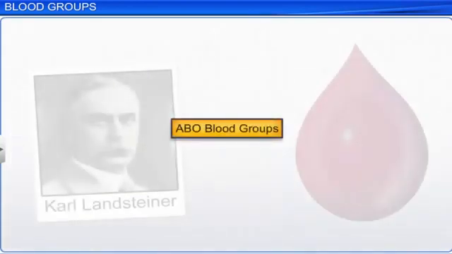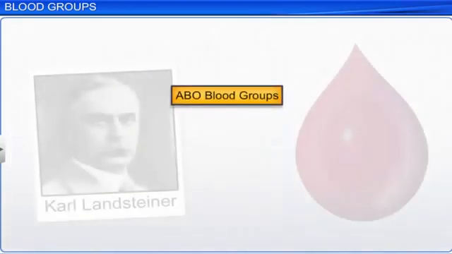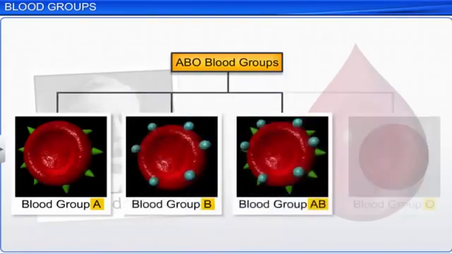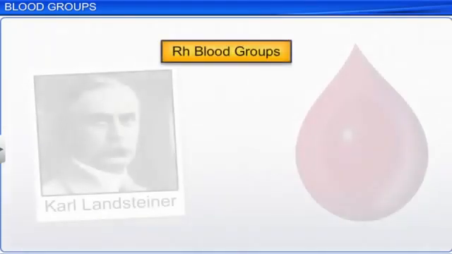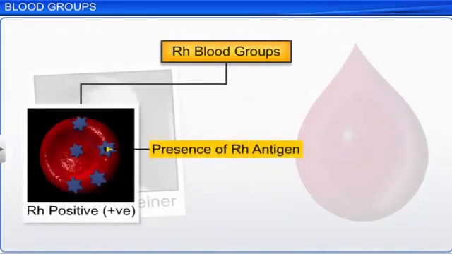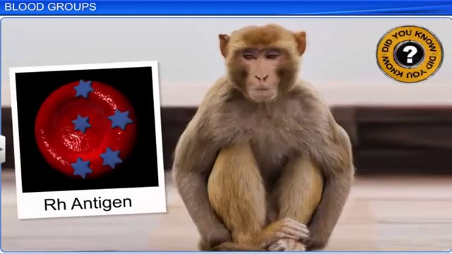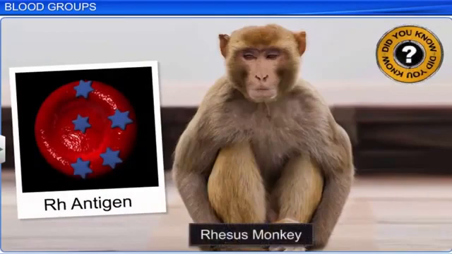The different ABO blood groups are referred to as blood group A, B, AB, and O. The presence of the Rh antigen in the blood is called Rh positive, and the absence of the same is called Rh negative. Did you know that the Rh antigen is named after the rhesus monkey in which it was first identified?